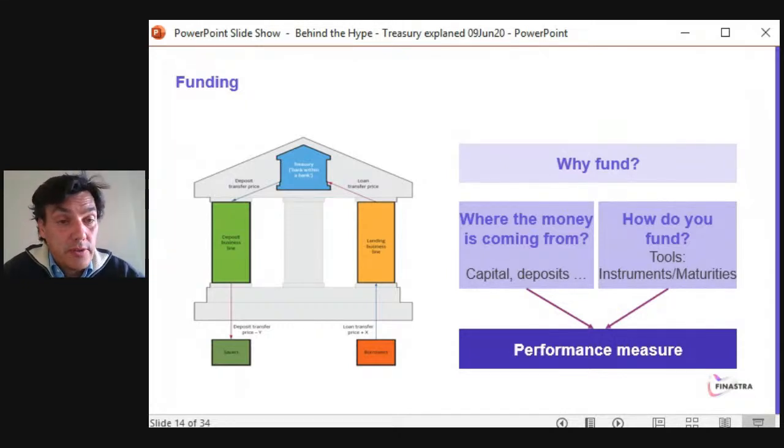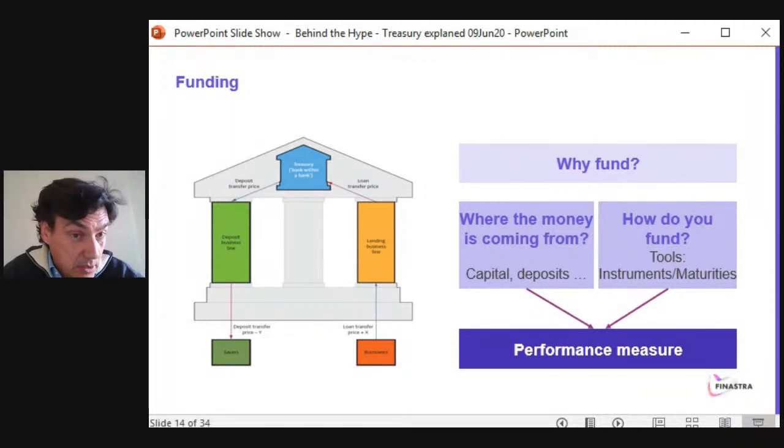So how do you fund? Then you would need multiple instruments. So the first instrument we can think of is the cash. Okay, I borrow from another bank or from the central bank 1 million euro, 10 million euro, 1 billion euro, whatever. And then you can think about, okay, there are not only these cash instruments, but I can use securities.